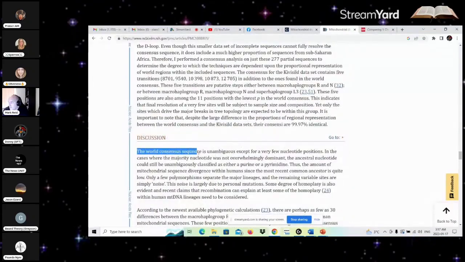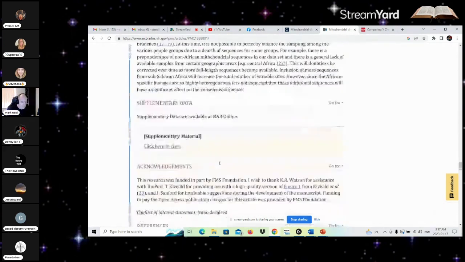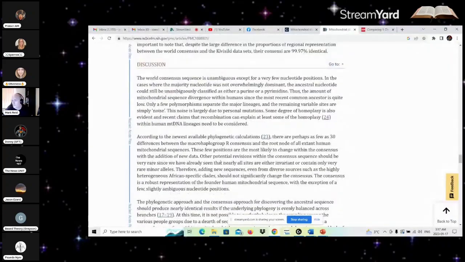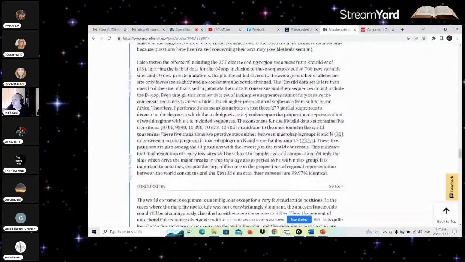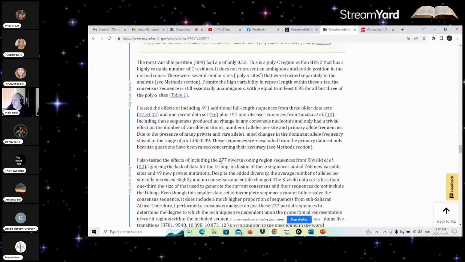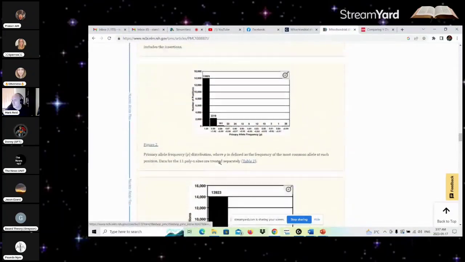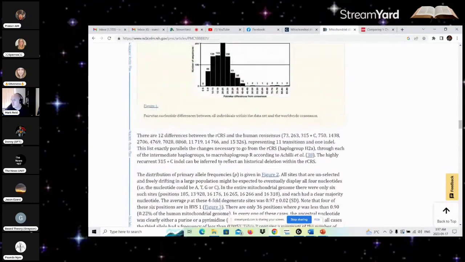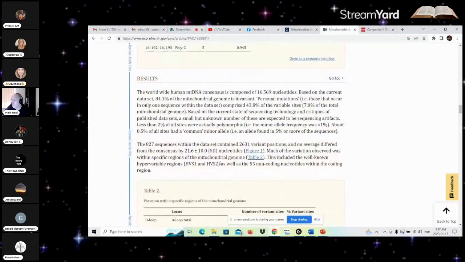The world consensus sequence is unambiguous except for a very few nucleotide positions, and you can go through and read the details yourself. I'm trying to look at the exact numbers. Okay, so they talk about how we are only about 21 to 25 on average, the mean, DNA differences separated from the Eve consensus sequence.